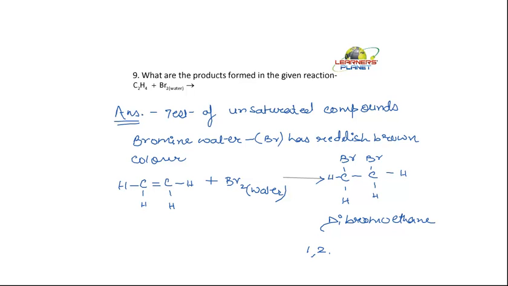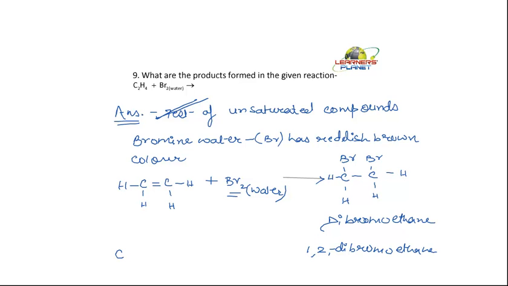Or 1,2-dibromoethane. Now what has happened? The color of the bromine water gets decolorized. So all the alkenes or the alkynes decolorize bromine water. Remember that. This is a test for unsaturated compounds.